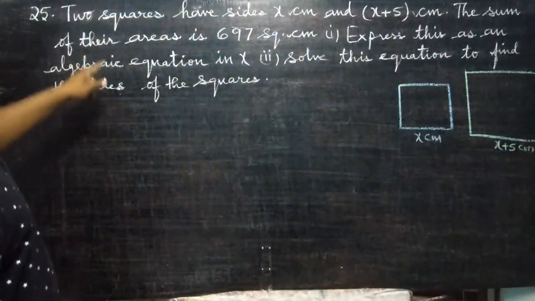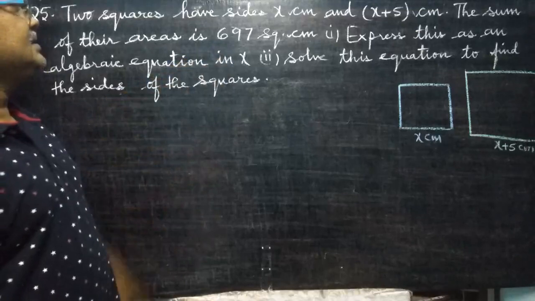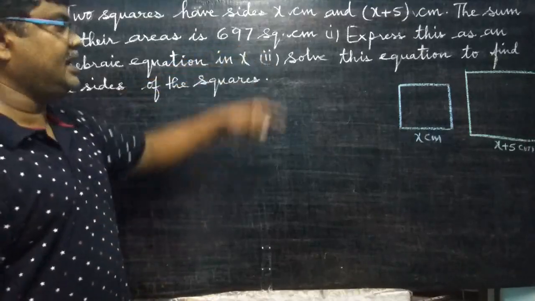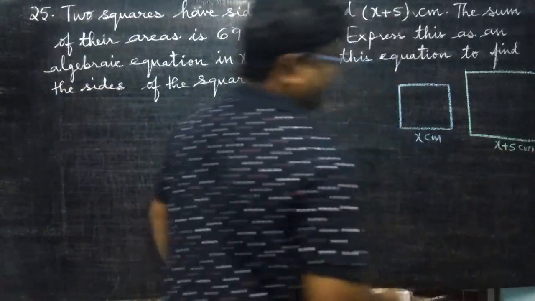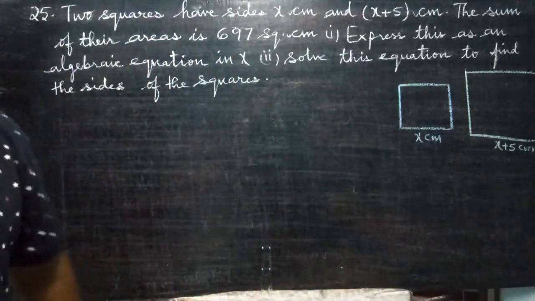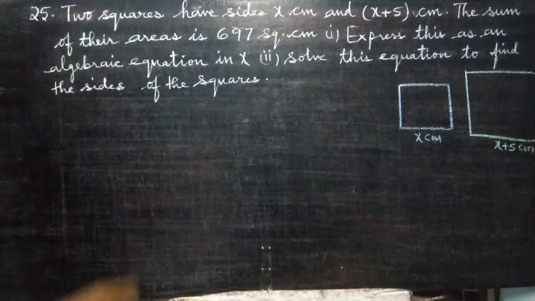And the sum of the squares' areas they have given is 697 square centimeters. This is the square with x centimeters and this is the square with x plus 5. Now come to the problem.